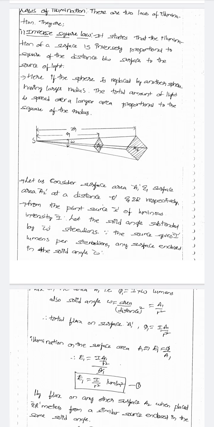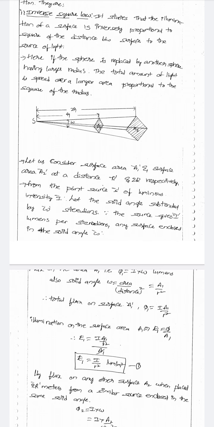We have to draw a figure with two areas A1 and A2 at a distance from the origin point S. A1 has radius r and A2 has radius 2r, with solid angle omega between them. Let us consider surface areas A1 and A2 at distances r and 2r respectively.